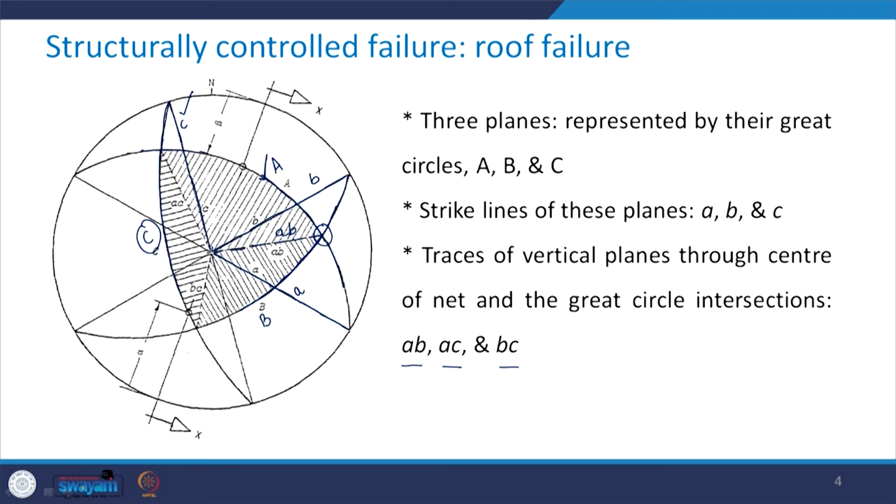Similarly, this is the great circle A, and this is the great circle C, and at this point they are intersecting each other. Join this with the center and you will get AC. Similarly, circle B and this great circle C intersect at this point, join it, and this is what you will get as BC. These represent the traces of vertical planes through the center of the net and the great circle intersections.